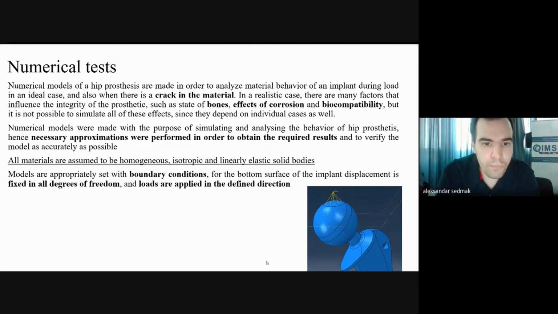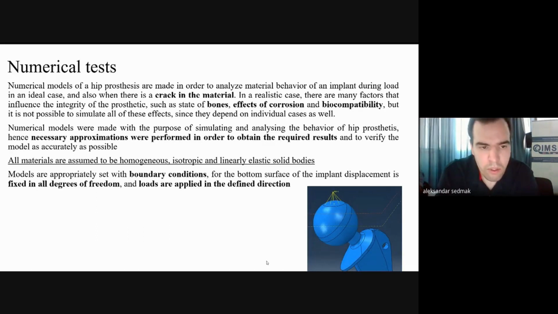So numerical models are made in order to analyze material behavior of the implant during load in an ideal case when there is a crack in the material. Many types of factors influence the integrity, such as the state of the bone, the effect of corrosion, and how much biocompatibility there is in the alloy.